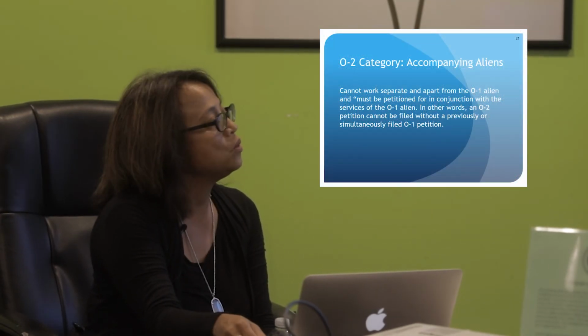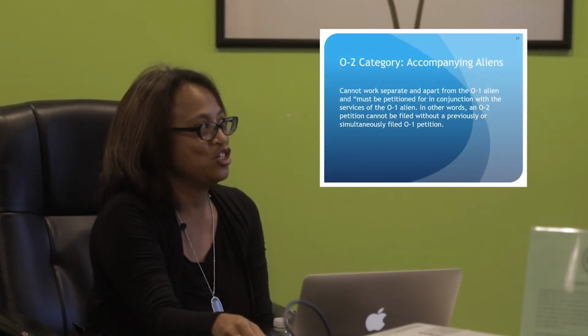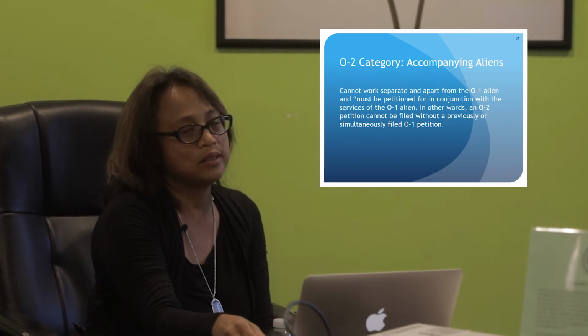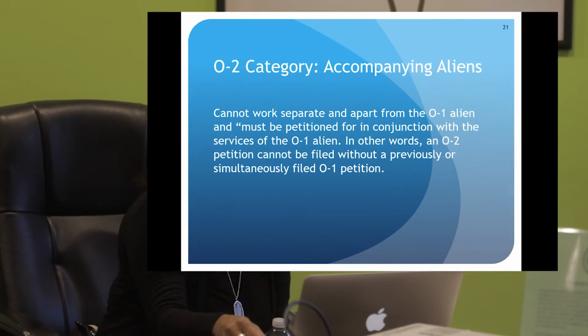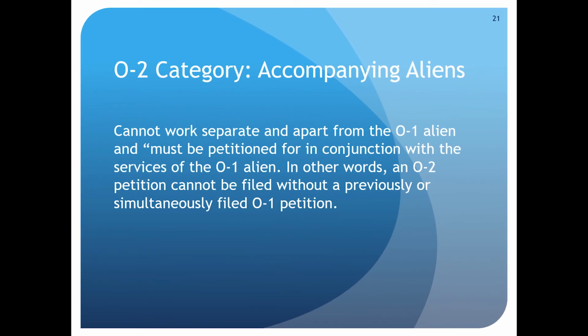For people who don't have the evidentiary requirements for the O1, I've recommended that maybe an O2 is probably the best visa category for them. It's not always the case that they know someone with an O1 that they can work with, because the idea with an O2 is that you're working with an O1.